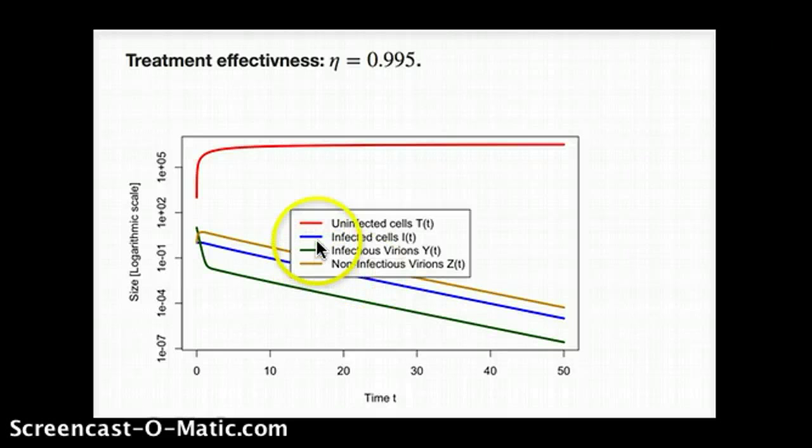So now infected cells, infectious virions, and non-infectious virions are all headed towards converging to 0. And the population of uninfected cells seems to be converging or settling into a plateau.